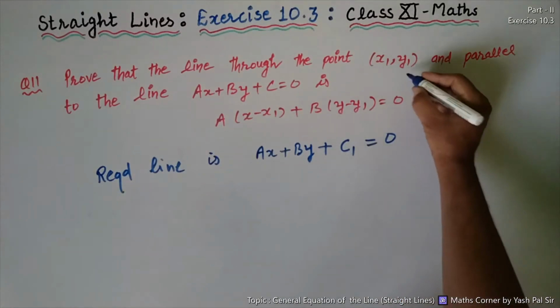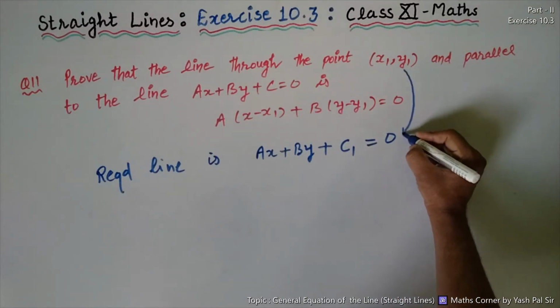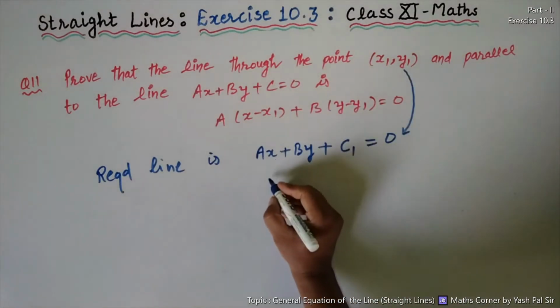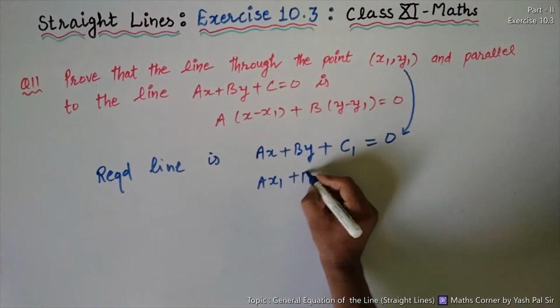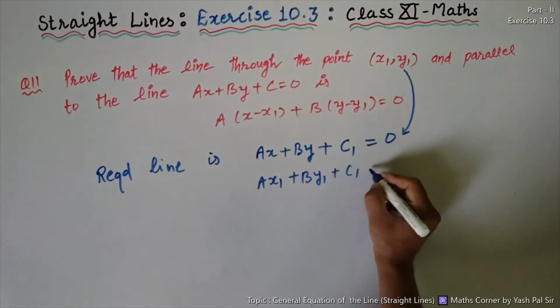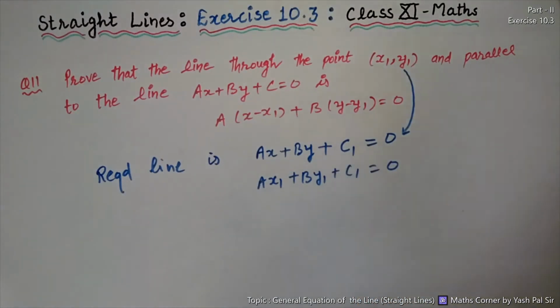Now this is given that this passes through this point (x1, y1). So we should have a into, in place of x we write x1, plus b, in place of y we write y1, plus c1 is equal to 0. Just only we are going to find the value of c1, right?